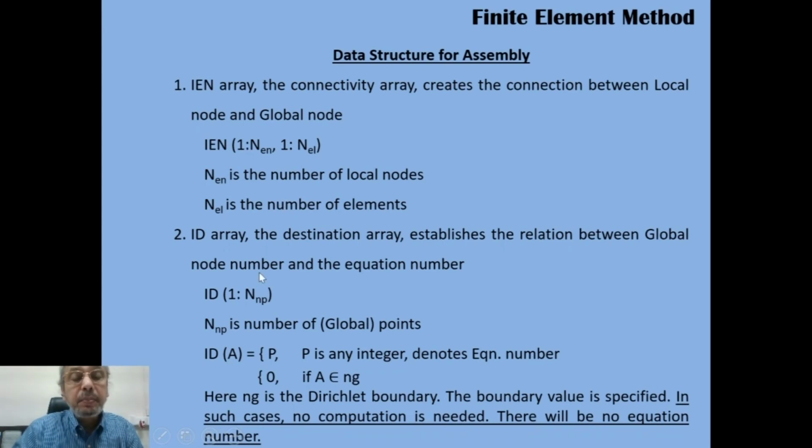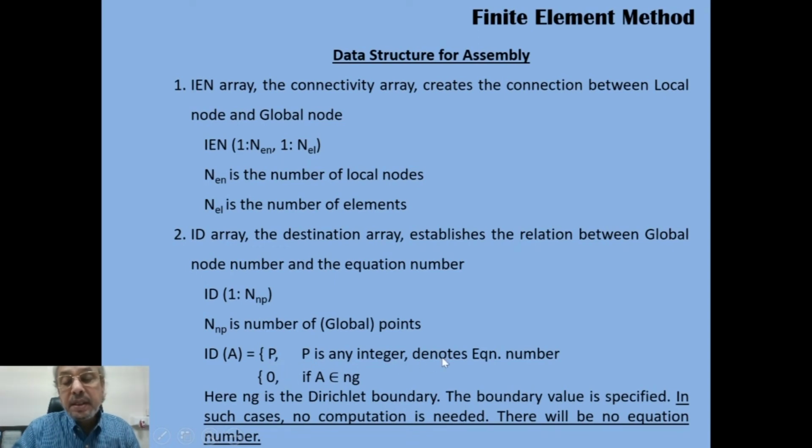And the second array is identified by the global points, and it will assign some value to the global points; this will assign either value p or 0.